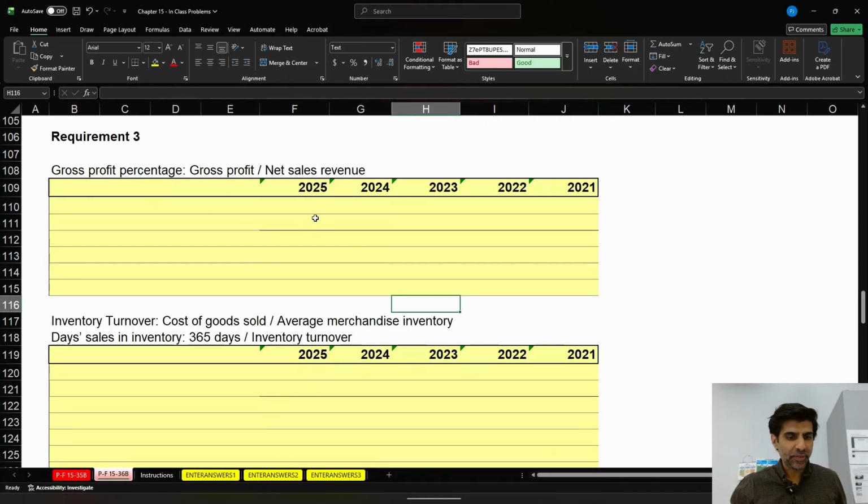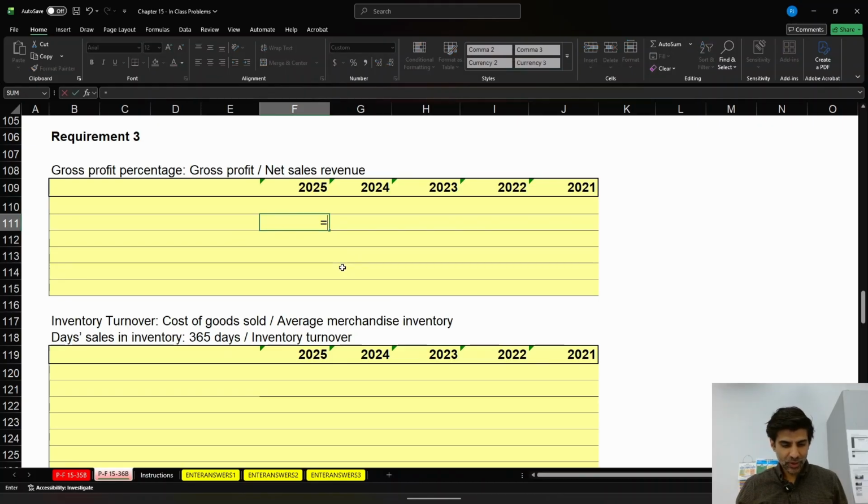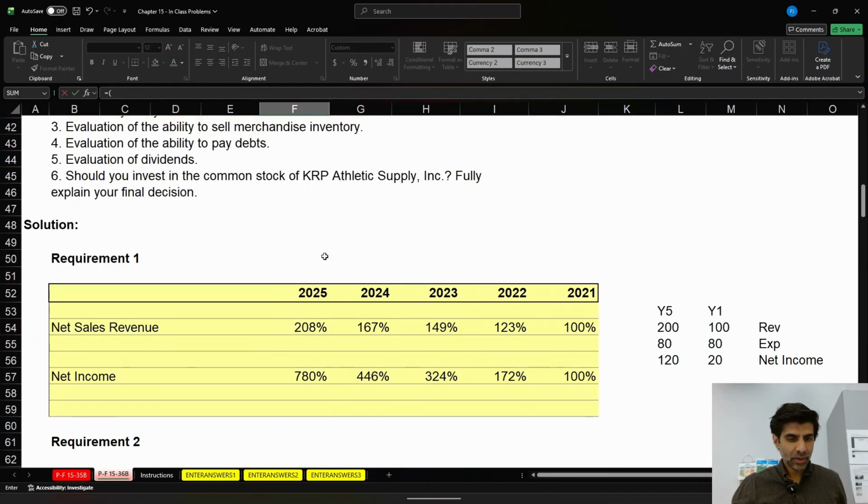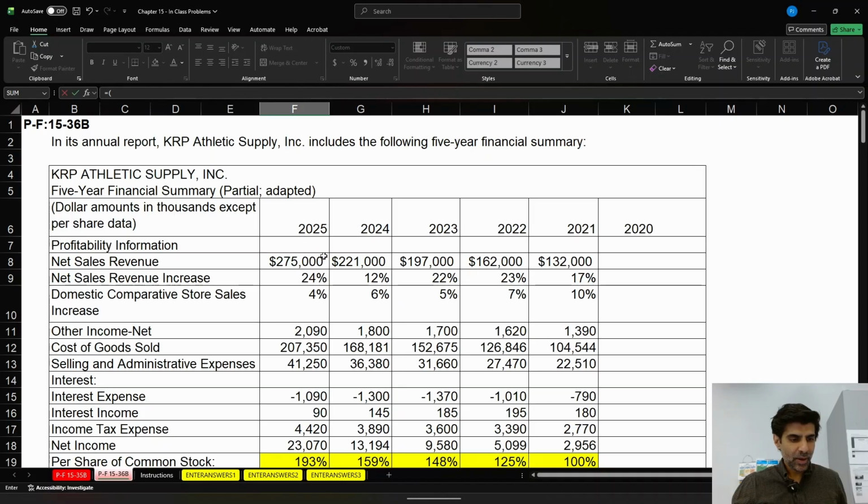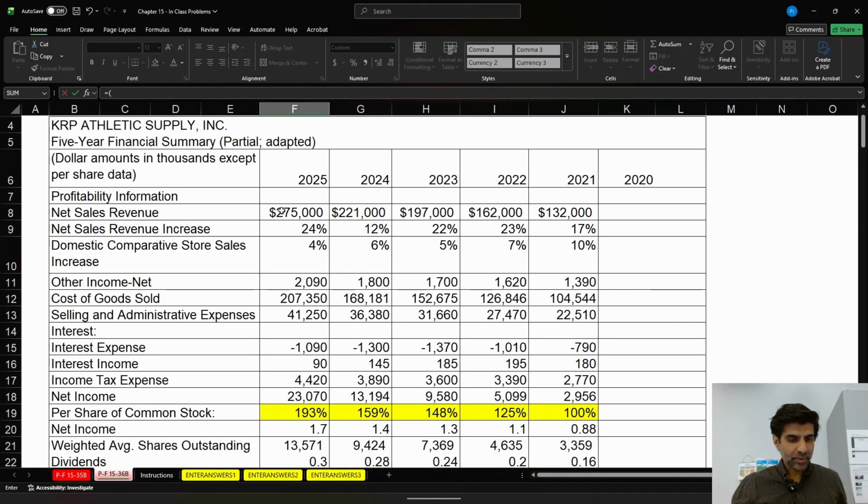Okay, so gross profit percentage. The gross profit is equal to, if you look up here, our net sales revenue minus what to get gross profit? What is the definition of gross profit? Minus the cost of goods sold, exactly. Okay, so I just calculated the gross profit, and that's divided by net sales revenue.